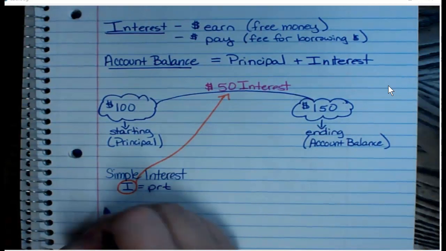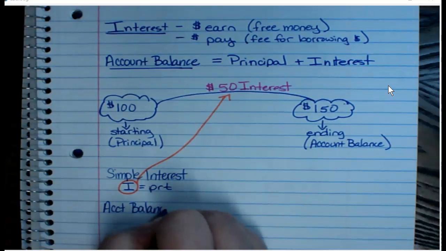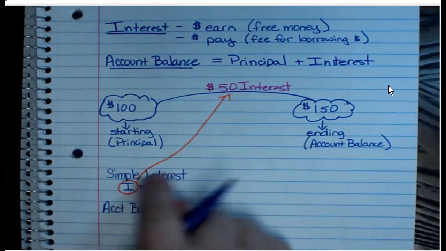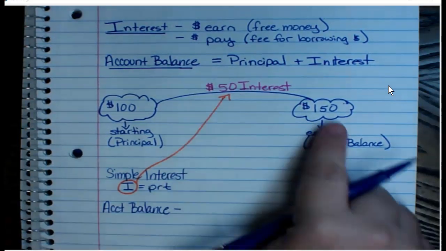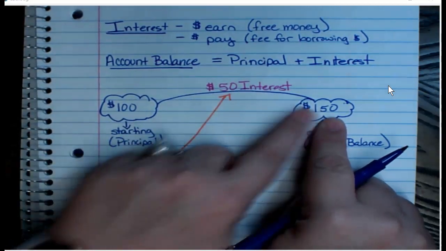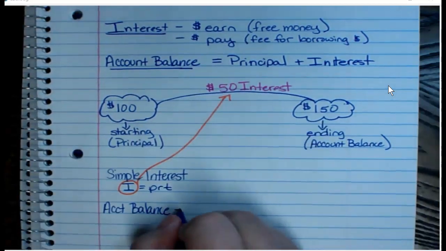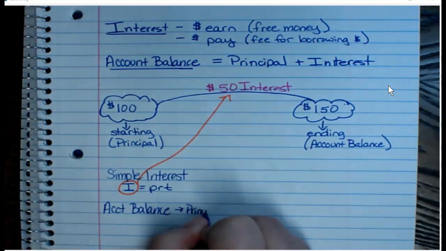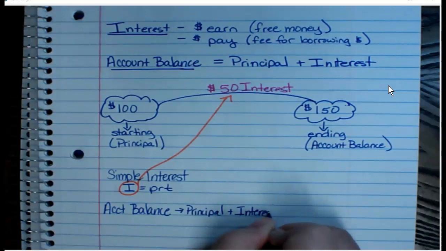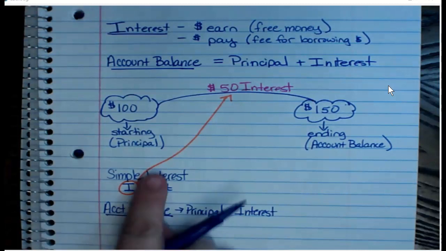Well, how would we find our account balance? We would have to add our interest. In order to get over here, I have to take my interest and my principal. I have to put them together. So principal plus my interest amount will give me my account balance. Principal plus my interest will give me the total account balance. That's one type of interest rate.